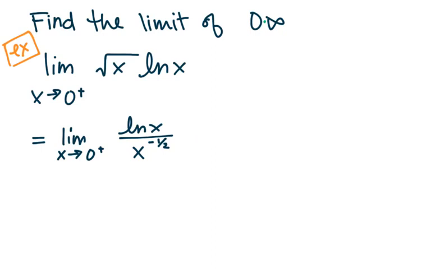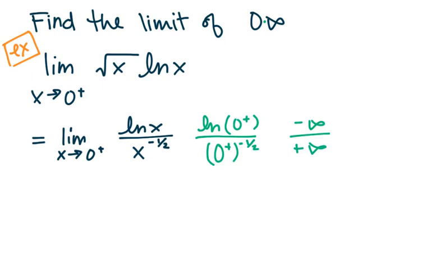Now if I were to evaluate that at 0, natural log approaching 0 from the right goes to negative infinity, and x to the negative 1/2 approaching 0 from the right gives positive infinity. So here we have infinity over infinity. I've rearranged what I started with to put it into that indeterminate form.